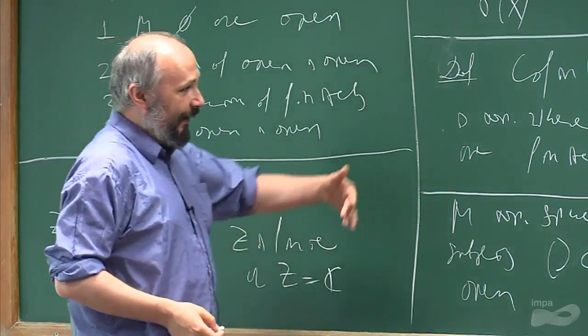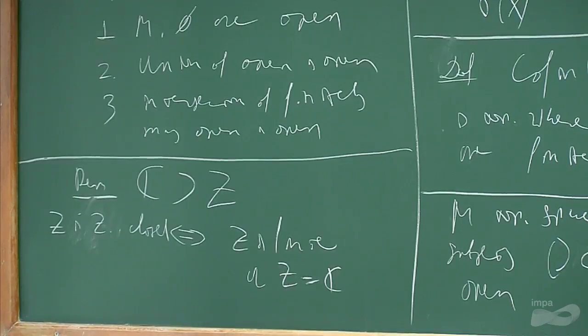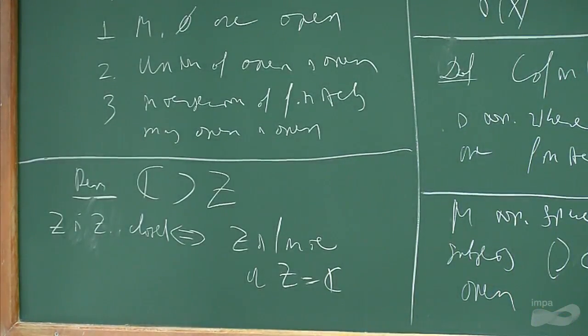This means that you have the cofinite topology as the Zariski topology for dimension 1, and you can see that it's terribly non-Hausdorff. If you have two open sets which don't intersect, this means that one of them is empty. That is the only case where you have non-intersecting open sets.